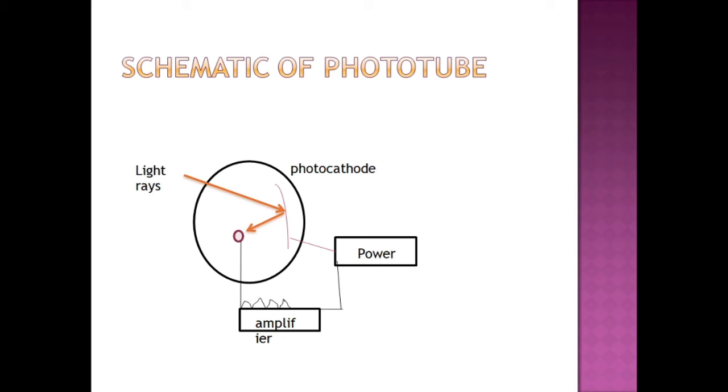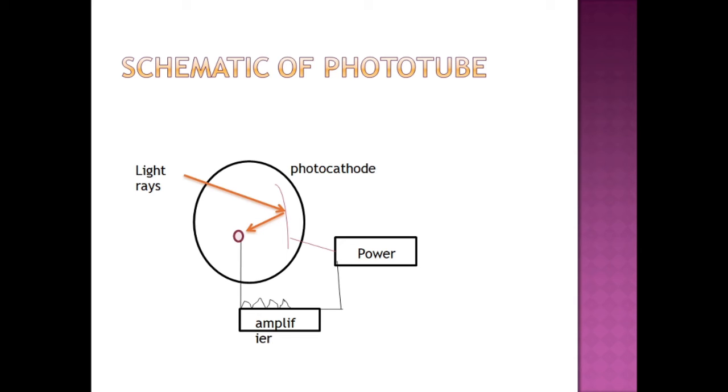Once electrons flow toward the anode, current starts to flow in the outer circuit, and this current is amplified by the amplifier.